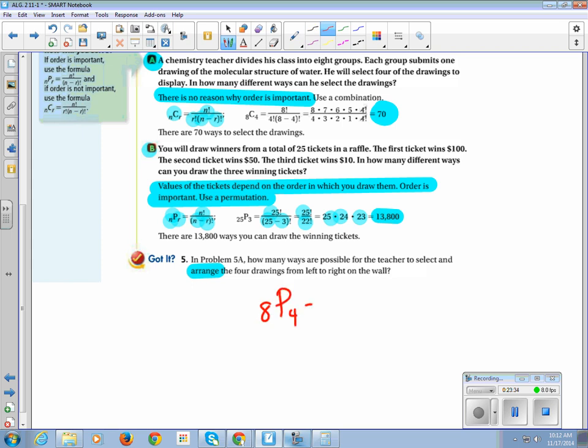We're choosing 4. So that's 8 factorial divided by 8 minus 4 factorial. 8 minus 4 is 4.